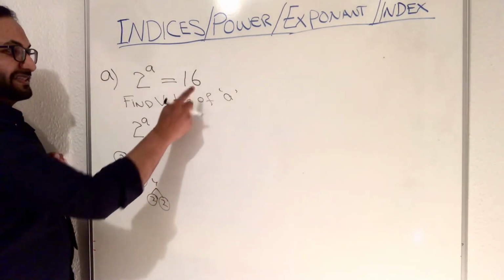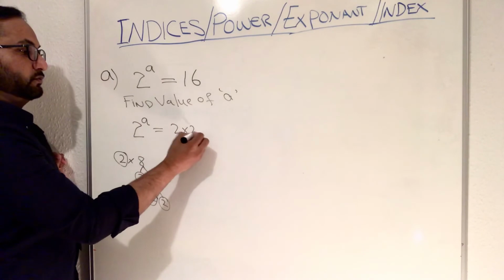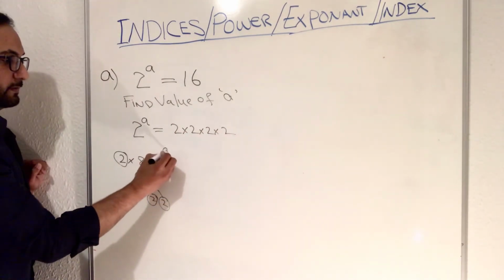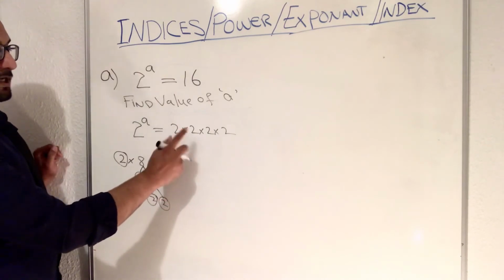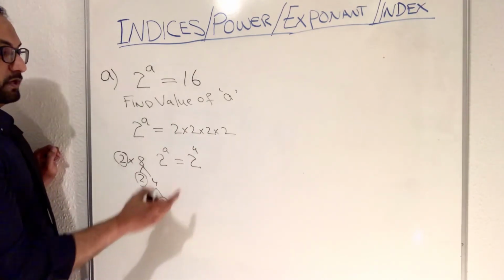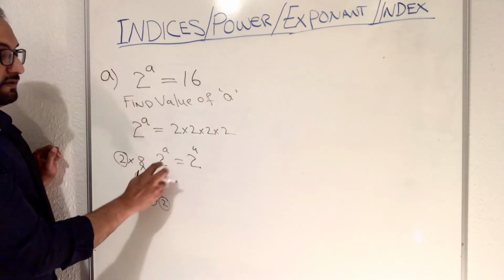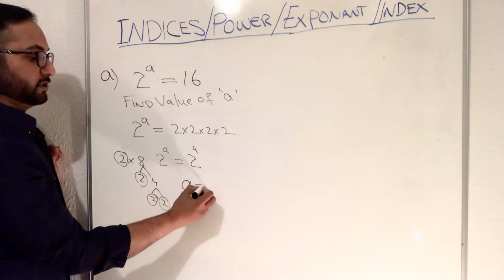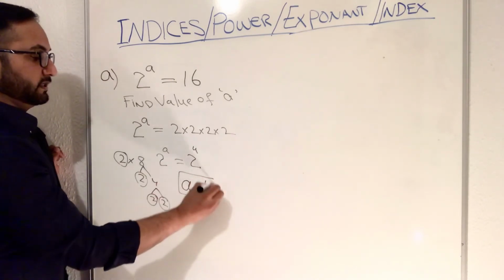Can we write 16 in the form of 2 times 2 times 2 times 2? How many 2's are there? 4. So 2 has a power 4. Now, the last rule: if the base is the same, the power will be equal. So a is equal to 4. This is our answer.